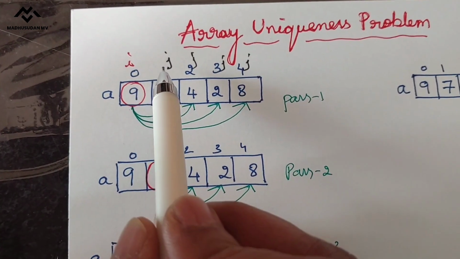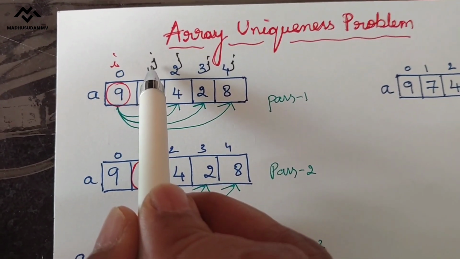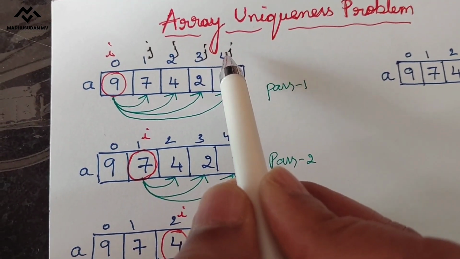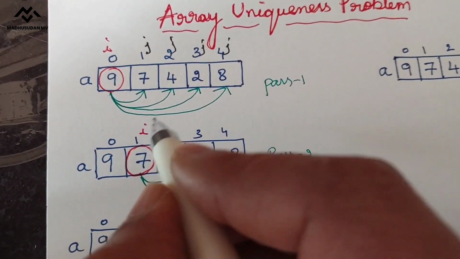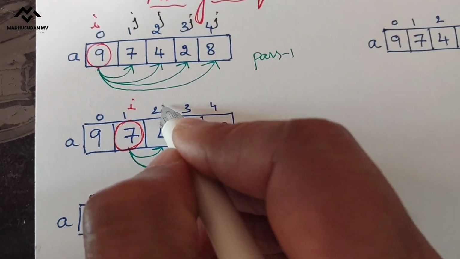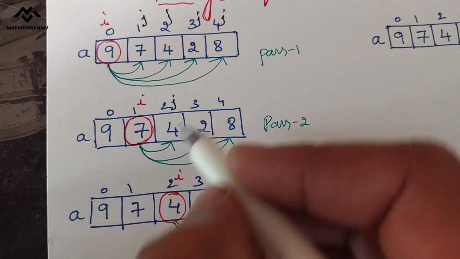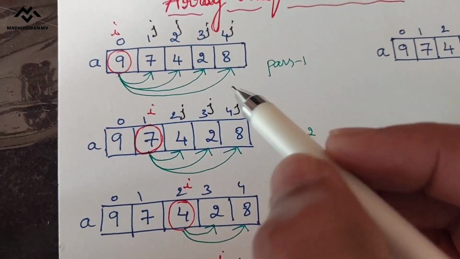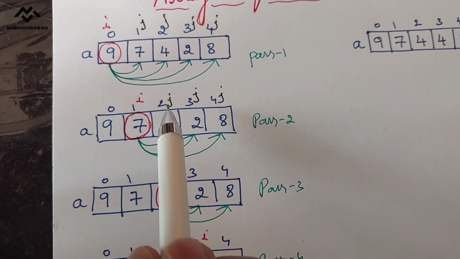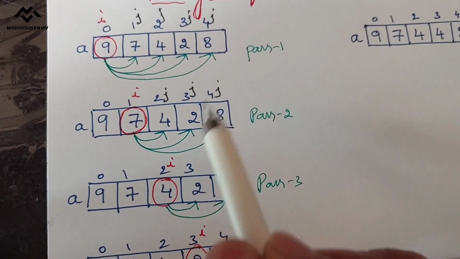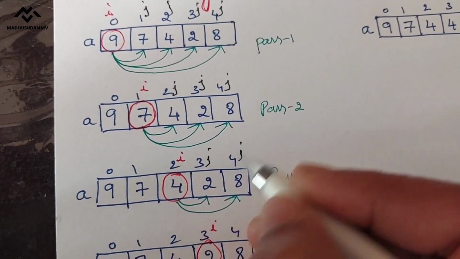So here I started J from the next position of I, and compared till the last position. Similarly here, after selecting this position, I started comparing with the next element, again starting J from the position next to I until the last position.